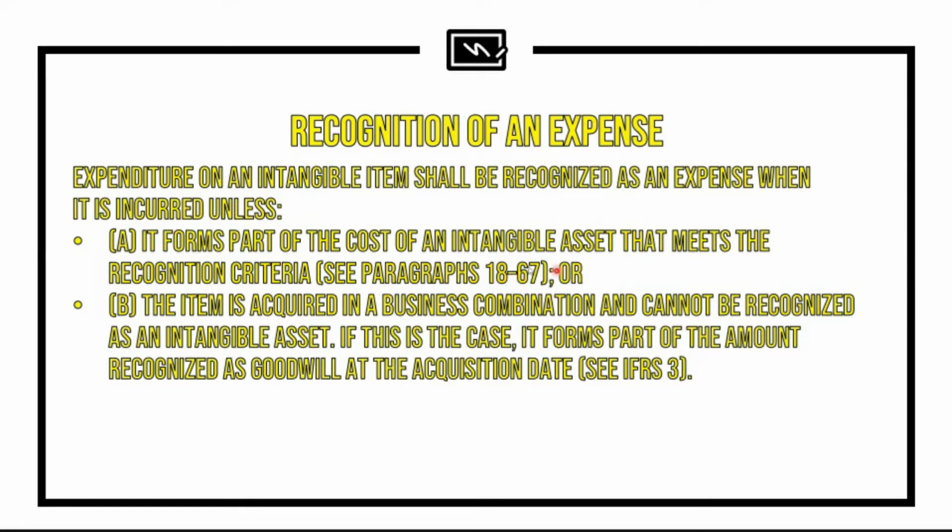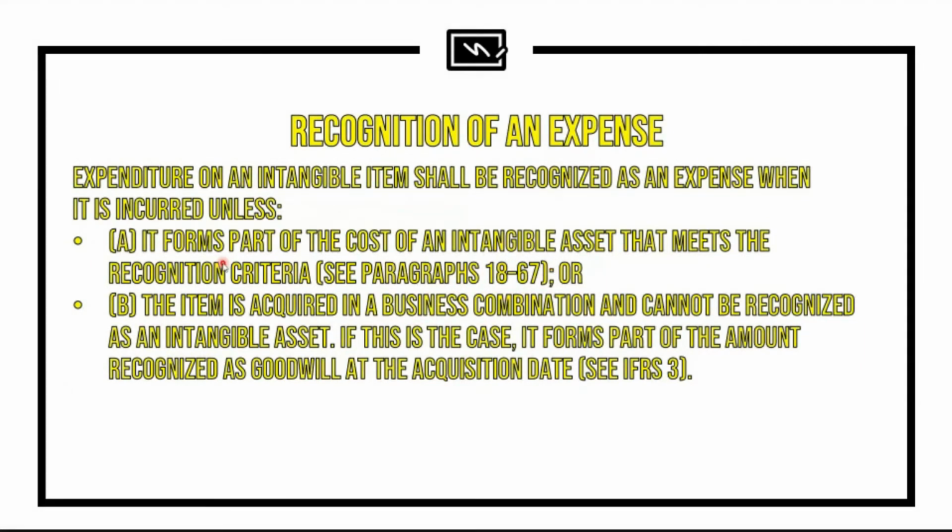Of course, I omitted this already because we already emphasized it in this particular text. Okay? So generally, everything that I stated a while ago, from separate acquisition until exchanges, until internally generated, those are the things stated in paragraphs 18 to 67.